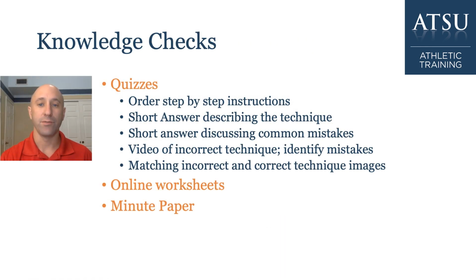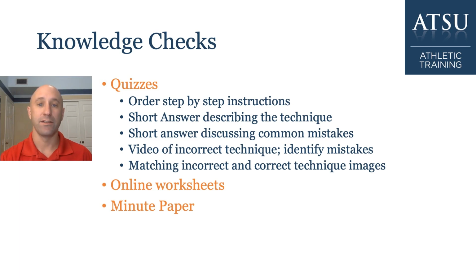Any number of options will work, considering quizzes within your learning management system that might ask the students to identify a correct order of the skill steps, or maybe a short answer question that asks them to narratively describe the skill. Maybe ask a question about common mistakes or pitfalls. You could create images or videos of incorrect techniques and ask them to identify what is wrong and how to correct it.